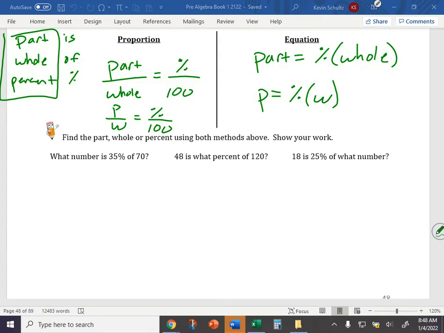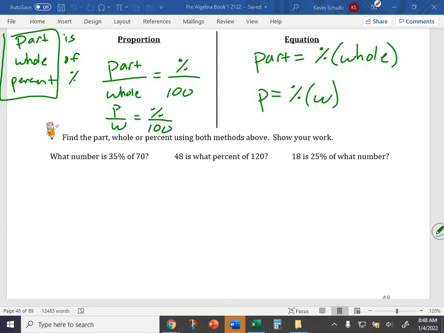So if you left enough space here to write, then do it right on this page. If you filled up all these notes using proportions, then just do the same three questions on the back side, or a blank page next to you. You've got the space for it here.